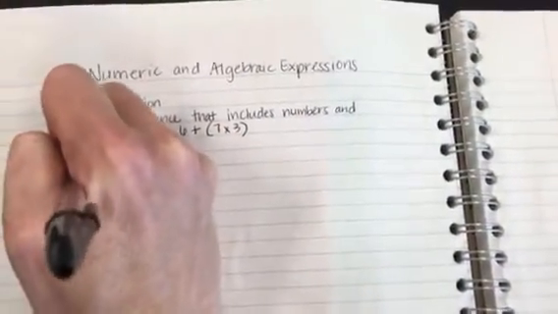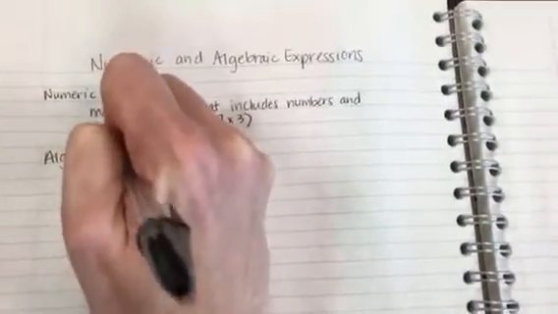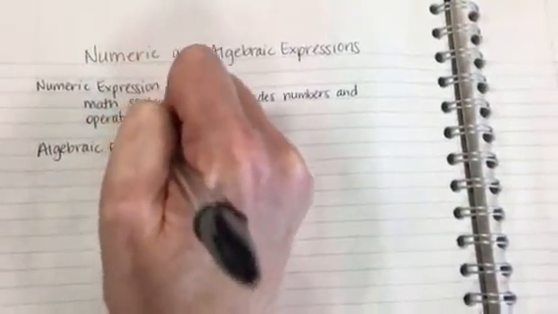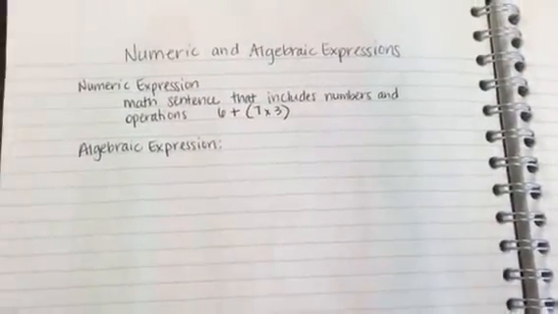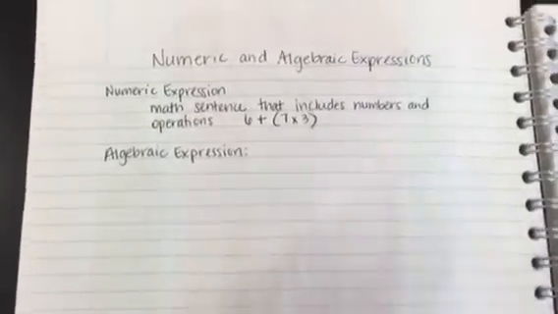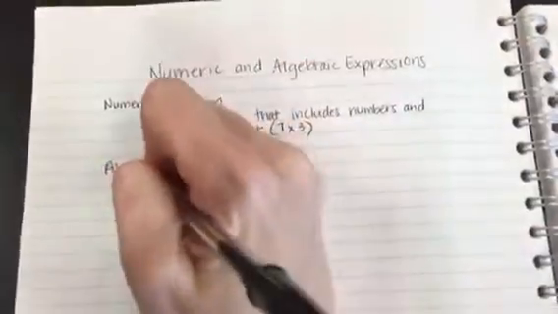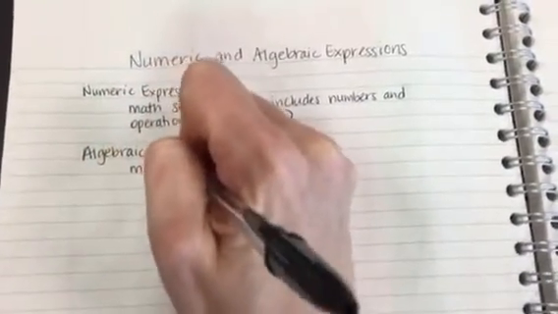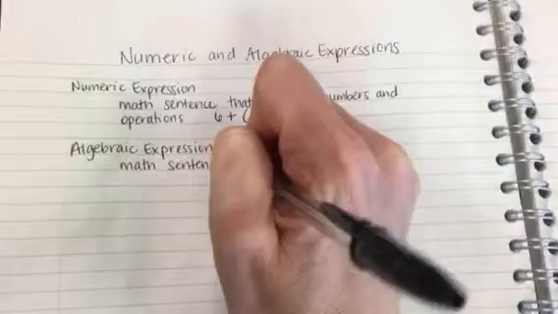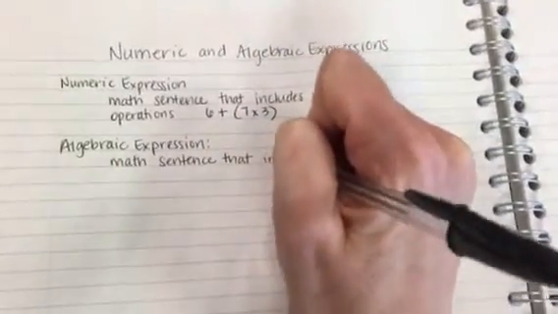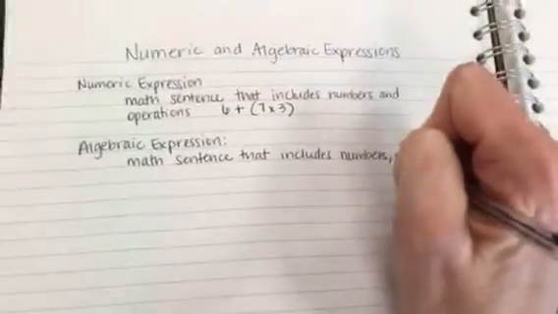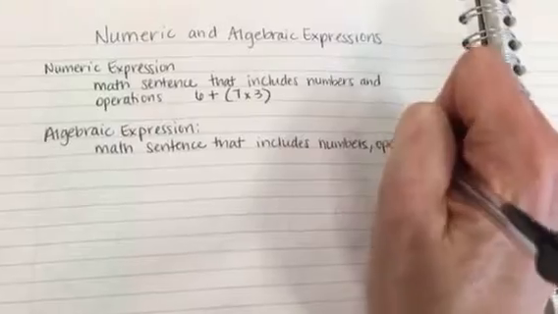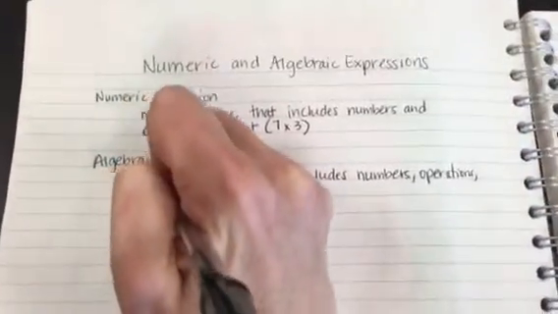We're also going to branch off a little bit today, and talk about algebraic expressions. An algebraic expression is very similar to a numeric expression, except instead of having just numbers, this is a math sentence that includes numbers, operations, and variables.